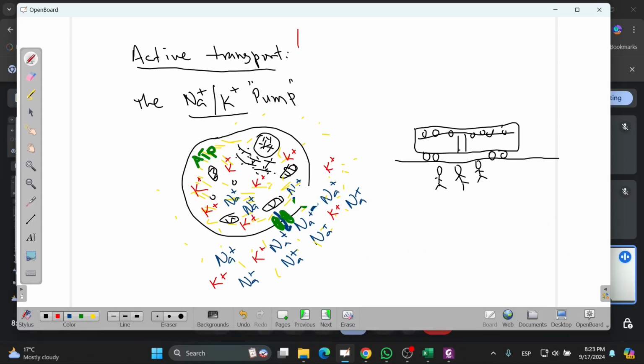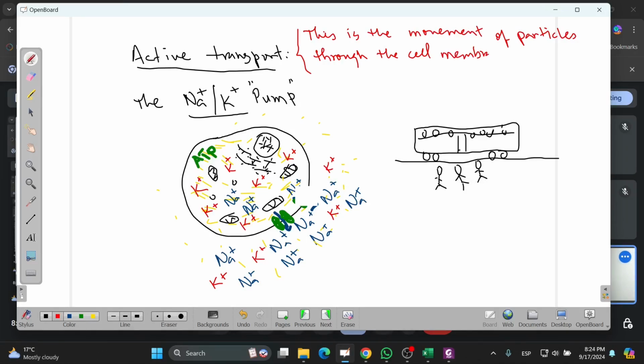So by definition, active transport is the movement of particles through the cell membrane against the concentration gradient.